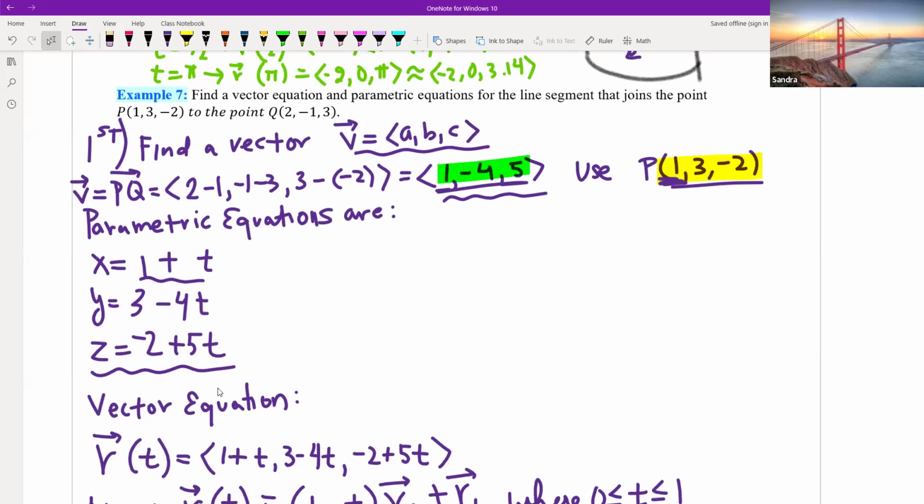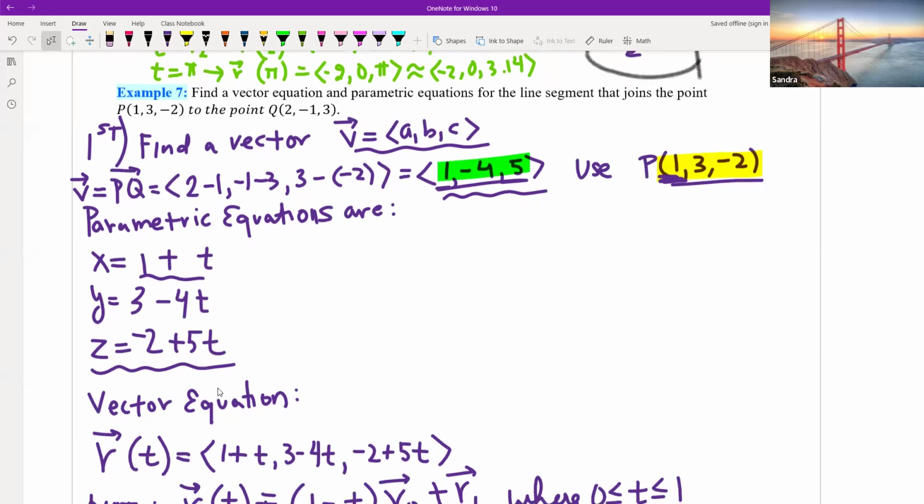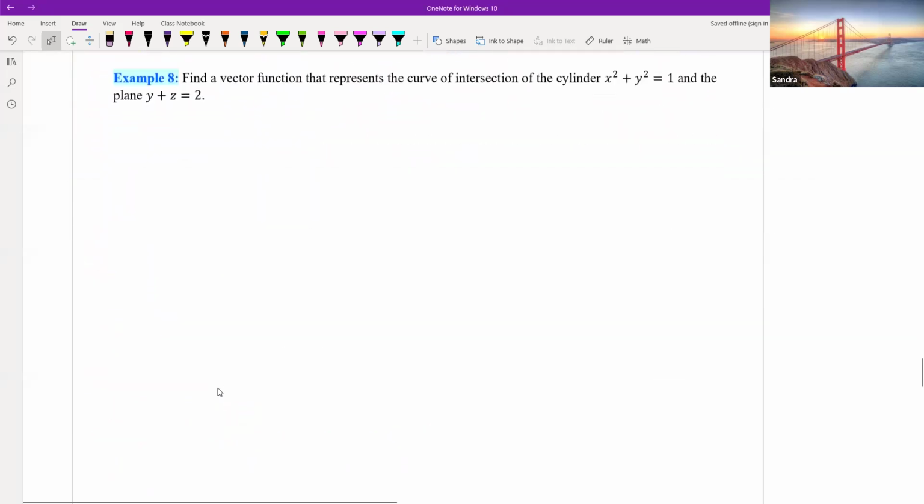Example 7 had 2 different ordered pairs, and I was able to find a vector and then use one of those points to generate the parametric equation and the vector equation. But in example 8, I have a cylinder and I have a plane. I have 2 different curves. I don't have a point and I don't have a vector. So I am missing several things in here.